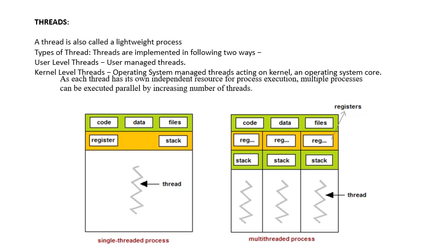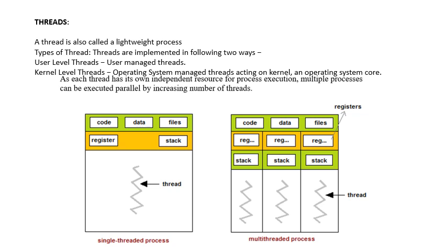And the stack is used to handle recursion calls, if there are any recursions, and function parameters in the program. A process may contain many threads, but a traditional process was a single-threaded process.